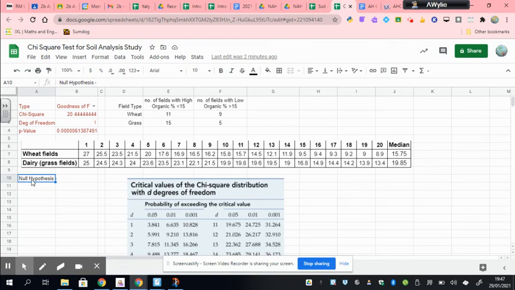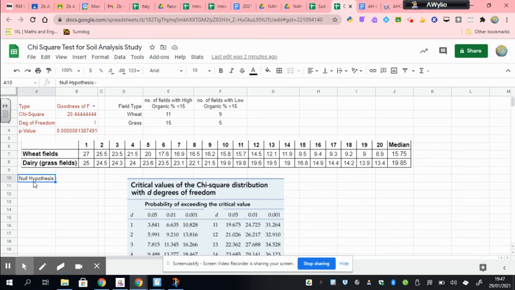There is no statistical difference between the organic content of wheat fields and the organic content of grass fields. So there's no statistically significant difference between the organic content of wheat fields and the organic content of grass fields.